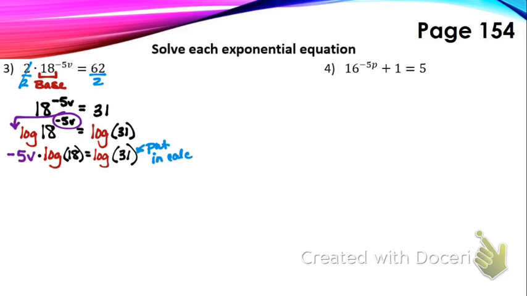And after you have an answer for the log of 31 up on your calculator screen, we're going to divide that by something. What's over there with v that I want to get rid of? Negative 5. So take your log of 31 and divide it by negative 5. I need every single number that's on the screen because we're not allowed to round it.